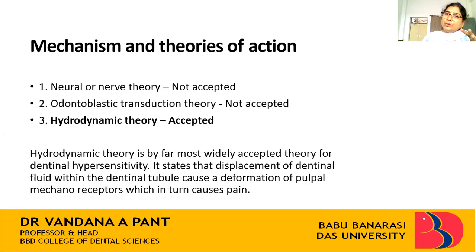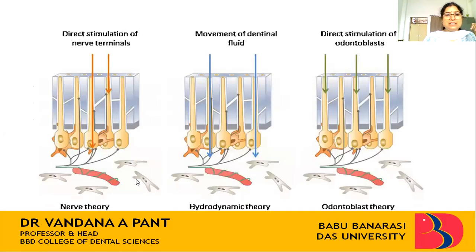In hydrodynamic theory, there is fluid in the dentinal tubule. The nerve theory stated that there is a nerve inside it, but it was found that there are no nerves inside it, so not accepted. Then the odontoblastic theory said that the odontoblastic cell process is there, due to which direct stimulation of odontoblasts takes place and causes pain.